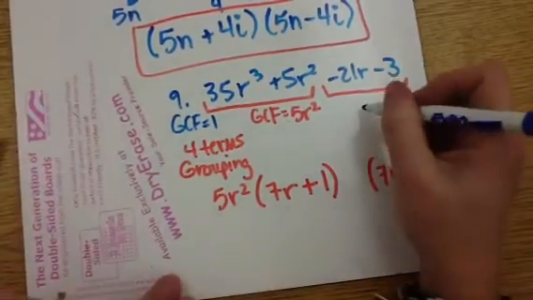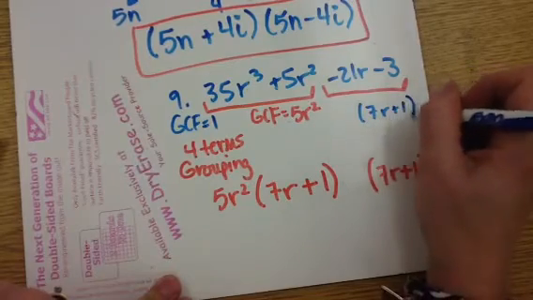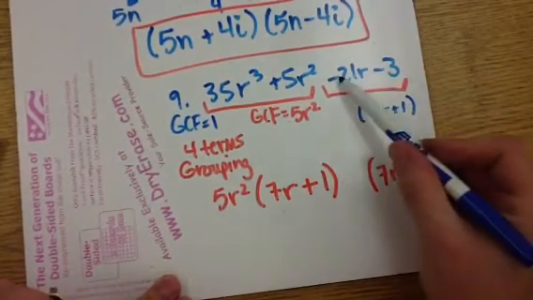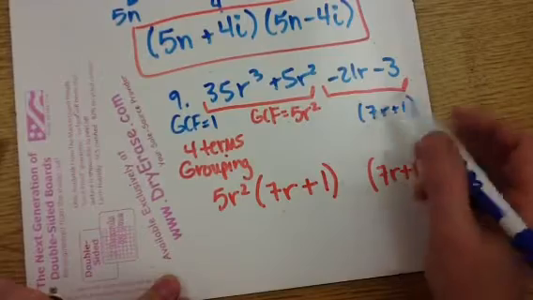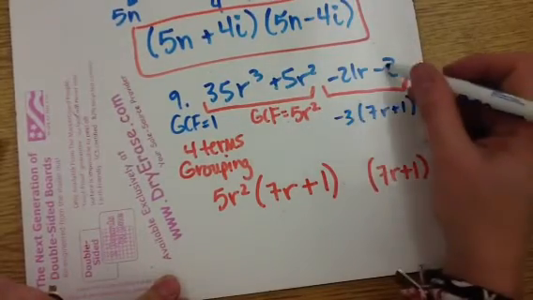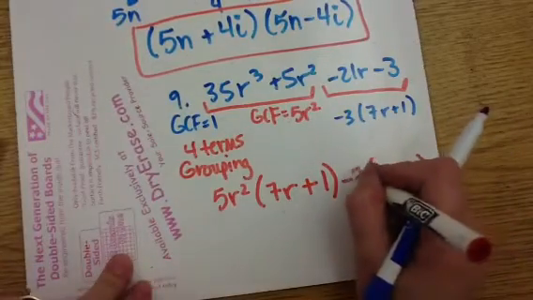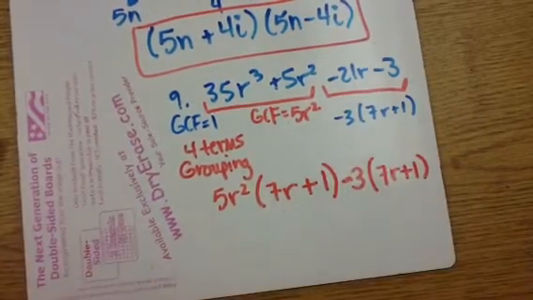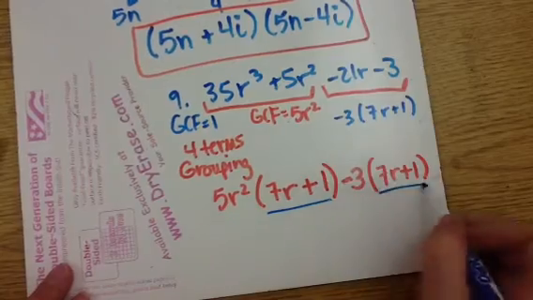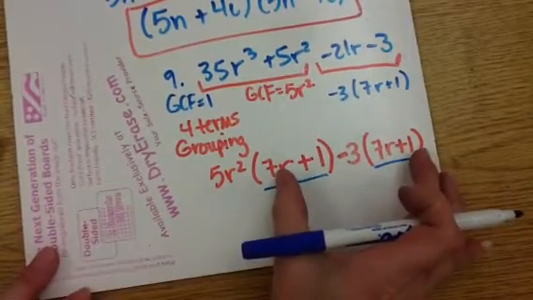And then in the second group, I need to make that match and be 7r plus 1. So what can I divide out to leave 7r plus 1 inside? Well, negative 21r divided by 7r is negative 3. Negative 3 divided by 1 is negative 3. So what I need to take out is negative 3. Then I'm going to group this common parenthesis together, and this is like another common factor.